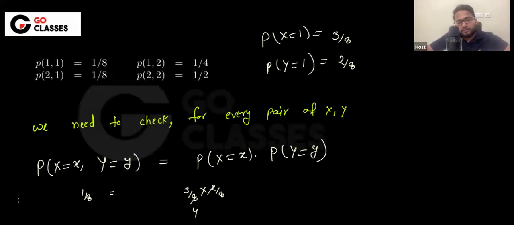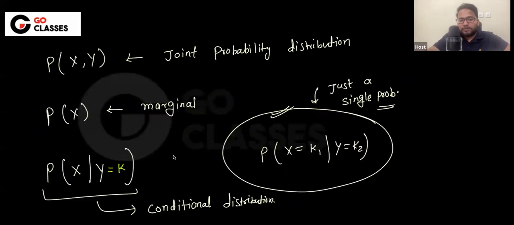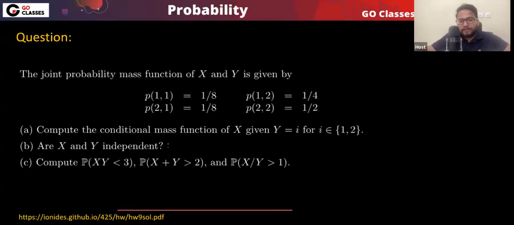So x equal to 1, y equal to 1 is basically 1 by 8, and this is 3 by 8 and 2 by 8. So it fails for 1, 1, so it is not independent. It should be satisfied for all the pairs, as you already know. So that's why it is not independent. So, are x and y independent? The answer is no.